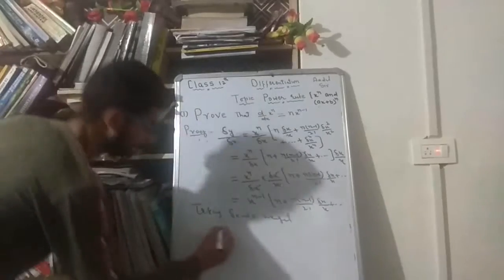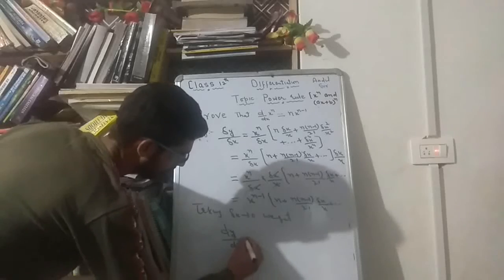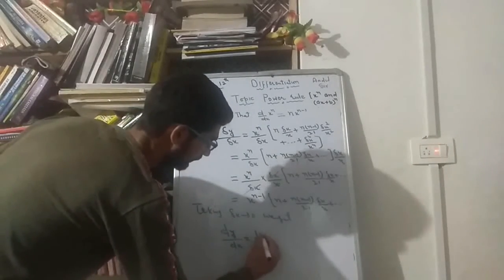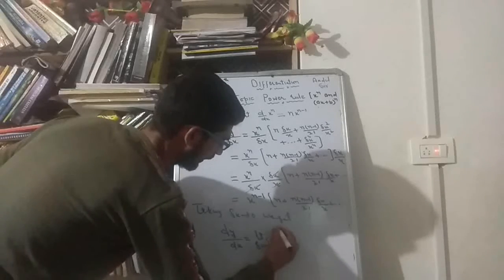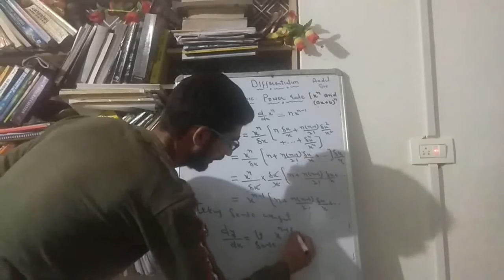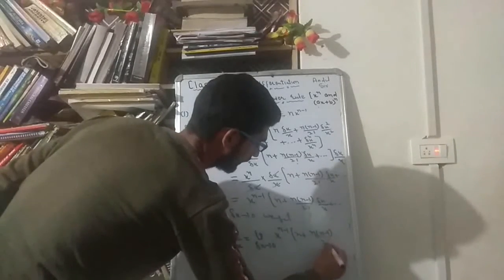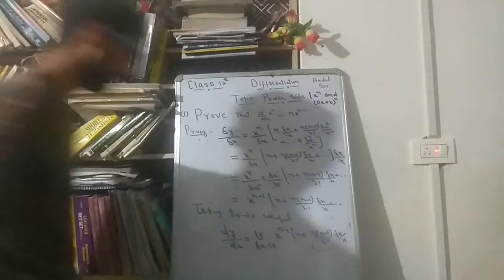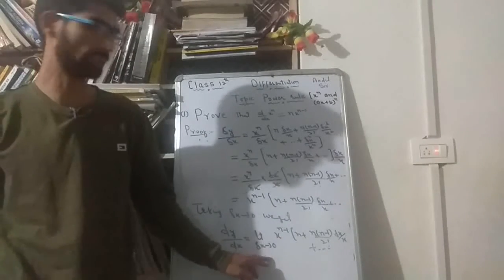So here it will be equal to dy by dx equals limit del x tends to 0 of x raised to the power n minus 1 times (n plus n into (n minus 1) divided by 2 factorial del x divided by x plus so on). Now you can give the value of del x as 0 directly by the direct method.